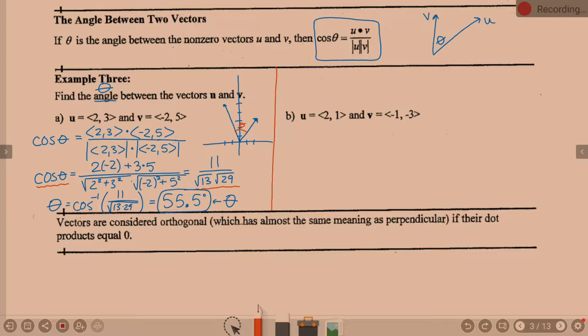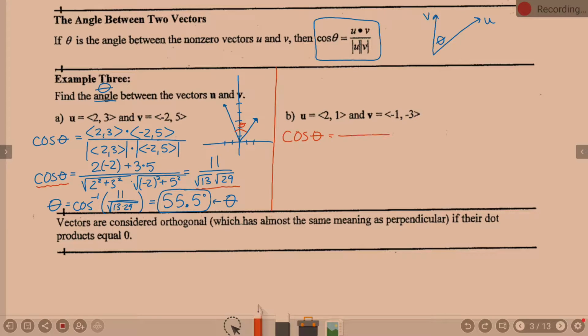Okay. Think you can do B? You've seen the process, right? We want the angle between the two vectors, U and V. Can I skip how I set up the first step last time? That was more of an introduction type step. But I would say go ahead and jump into it.